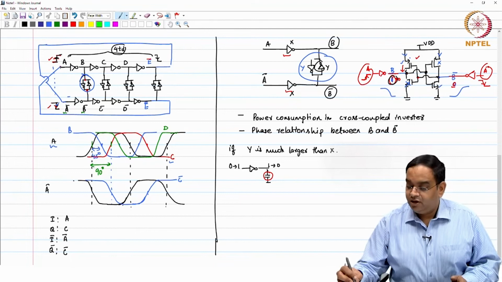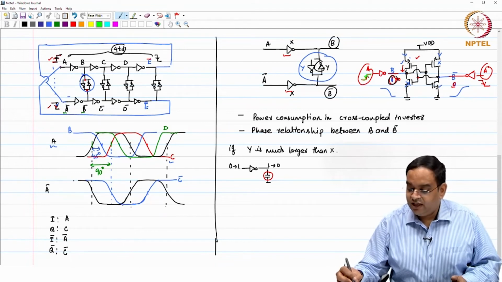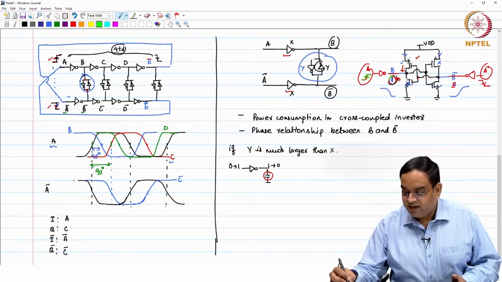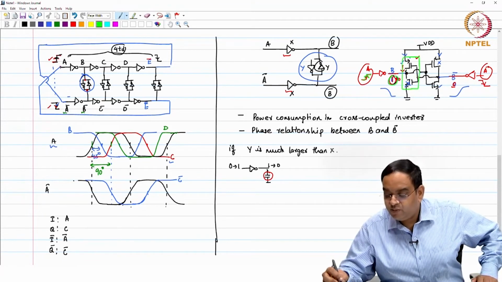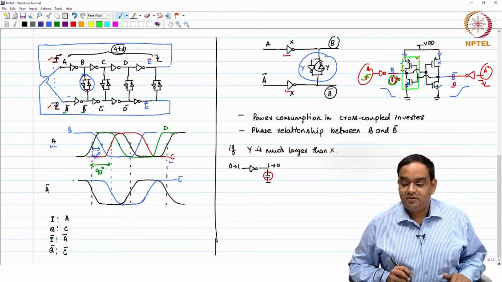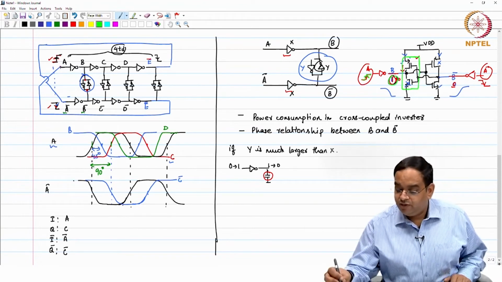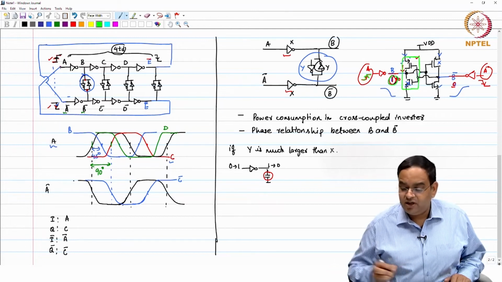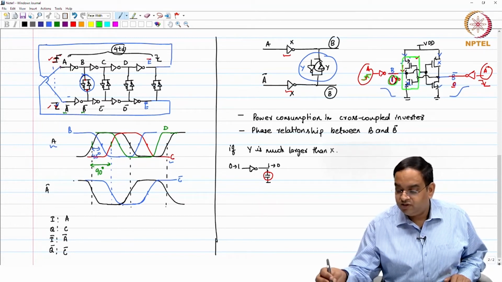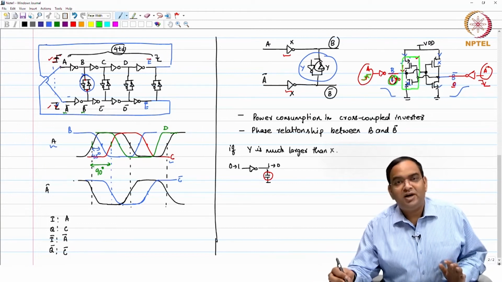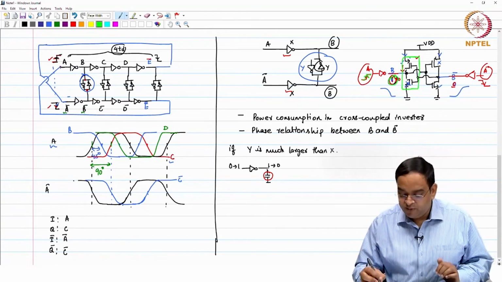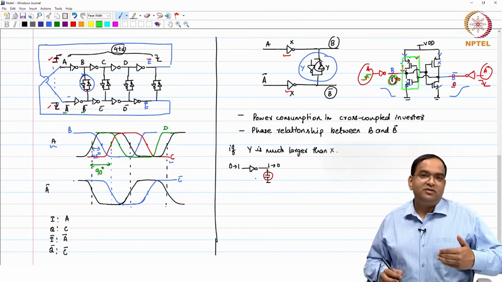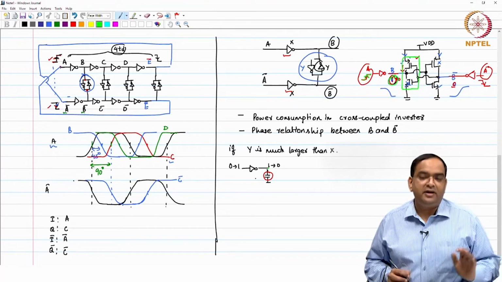So, when you make a change here at A, B resists the change, till the time you are able to change the input of this inverter. If you are not able to change the gate of this inverter, then because the previous value was 0, it will just hold that value at 1. So, when some circuit is opposing the transition, it will effectively be delayed.